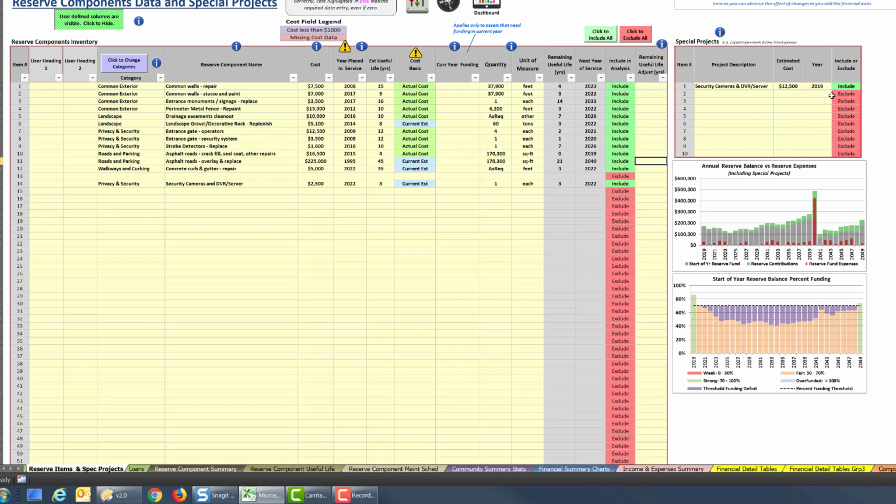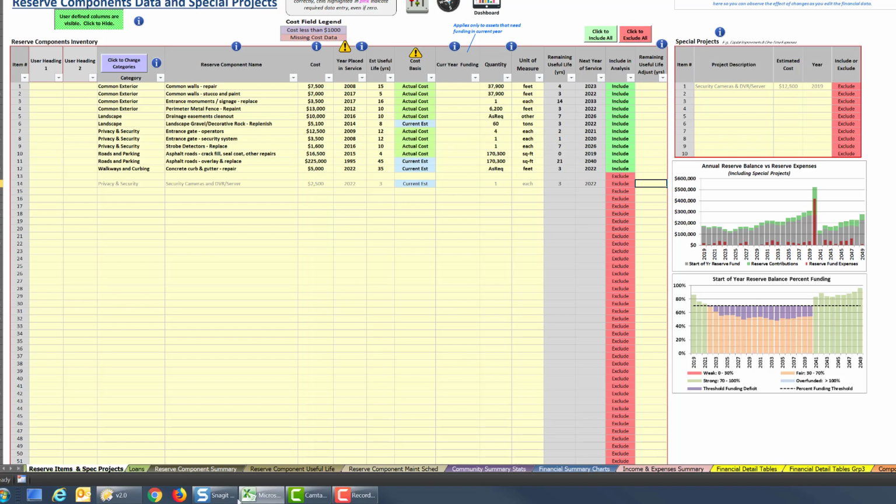We wanted to put in a security camera. What if we didn't include the security camera? How would that improve things? We'd have to just exclude those items. It makes a pretty dramatic improvement. So again, I don't want to say that there's a right and wrong way to do this. I just wanted to demonstrate some of the things that you can do.